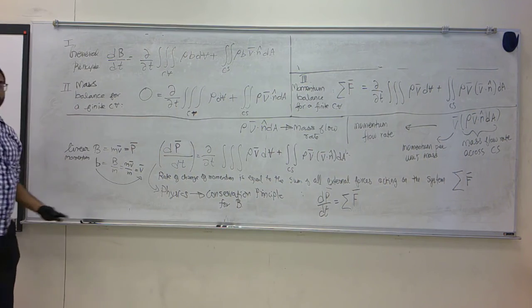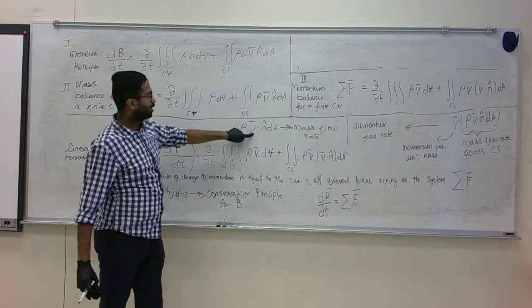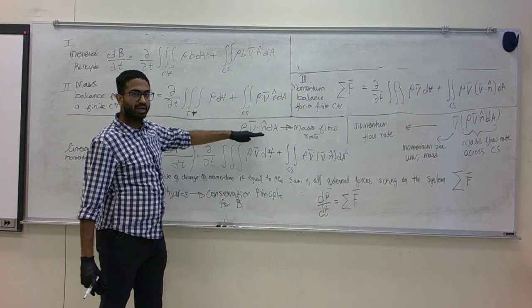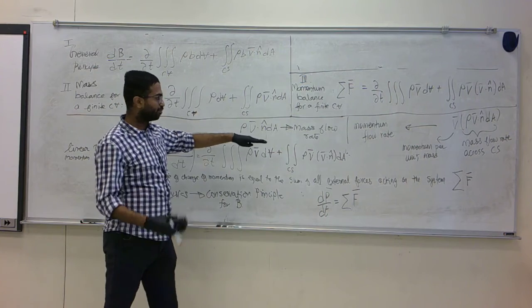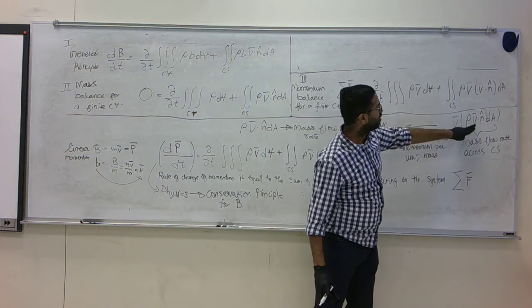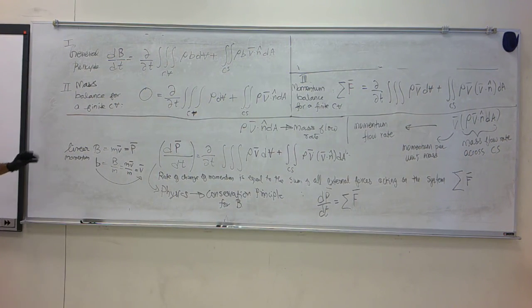So the concepts you have learnt are mass flow rate, rho v dot n dA, I know it's still a bit hazy, but we'll see them through examples, and then momentum flow rate, which is v times rho v dot n dA. Okay? So we'll take a break here, and in the next part we'll add a few more remarks and wrap up this module.